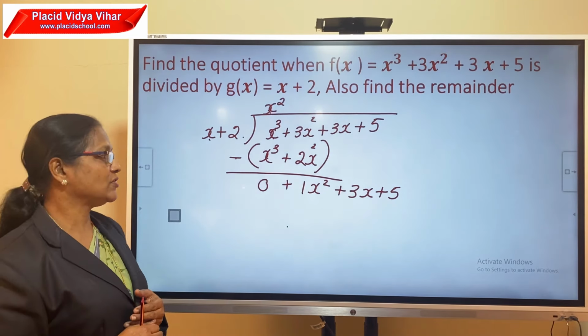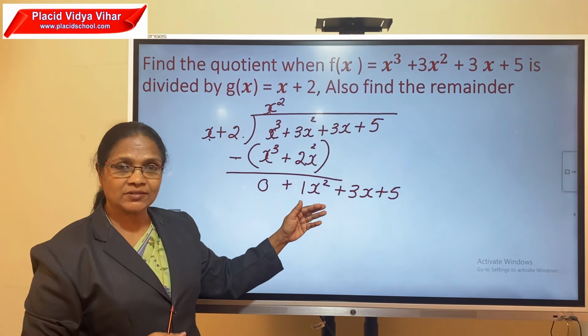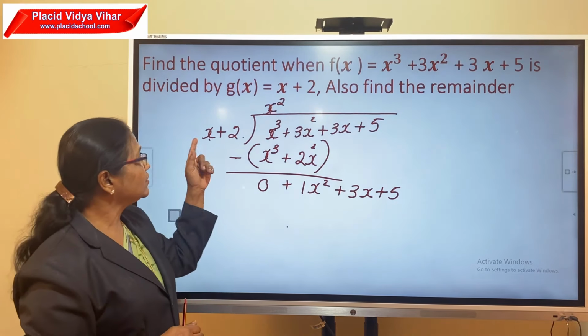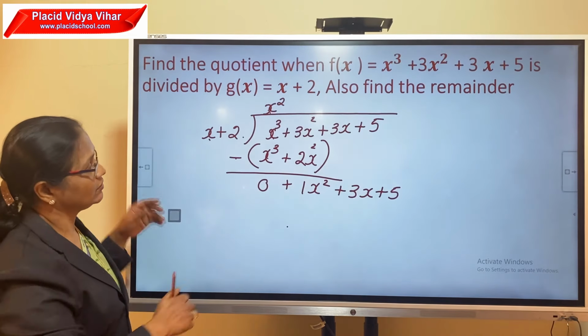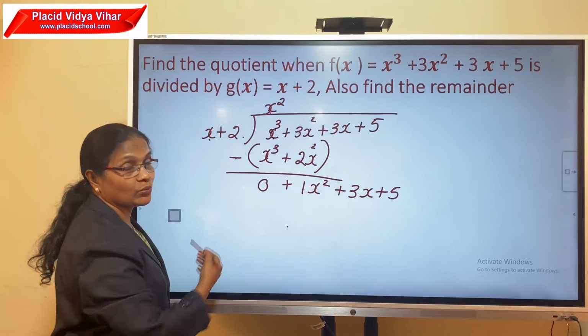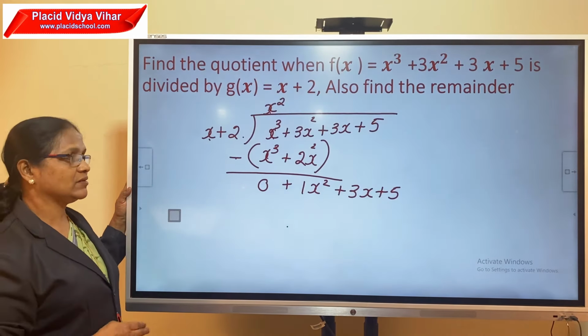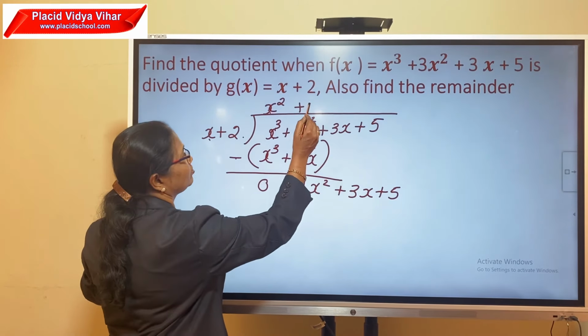Again the same procedure. We have to divide the first term of this part with the first term of the divisor. Here the first term is 1x square. 1x square by x, that is x square by x, that is equal to x, therefore plus x.